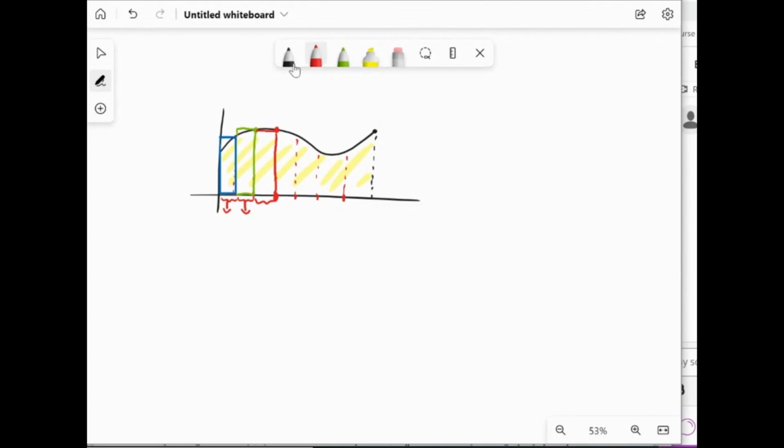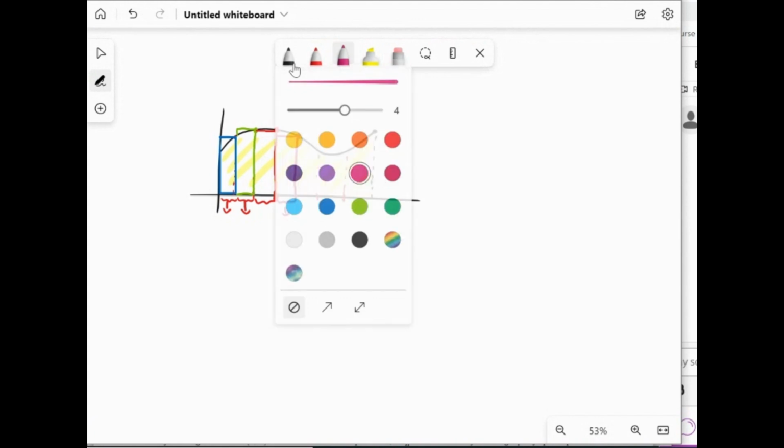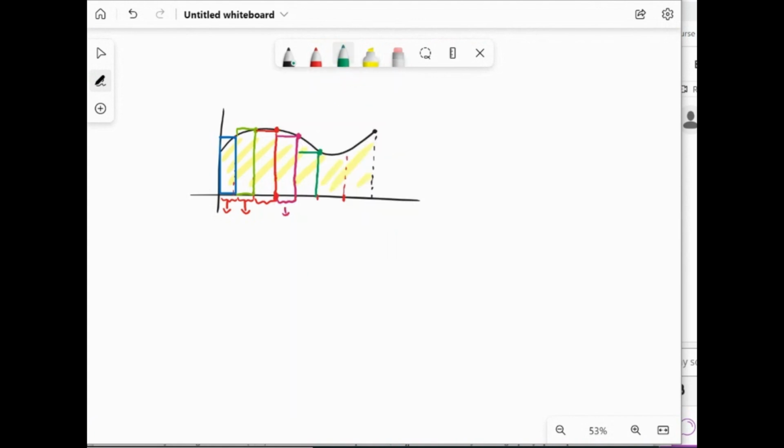Okay, so we can split this into sub-intervals, so they will all have the same width, but the height will change depending on this value. So we just standardized.